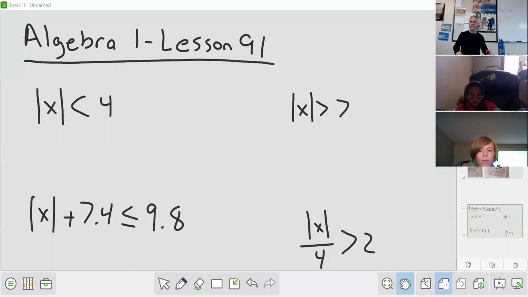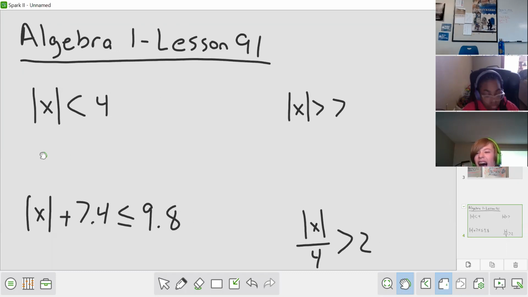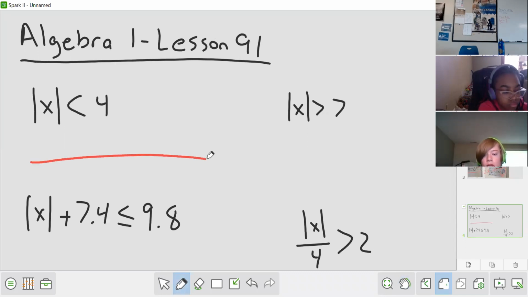We're going to be talking about graphing absolute value inequalities on a number line. All right, and it gets a little bit tricky. So if I have my number line, and I have 4 right here.